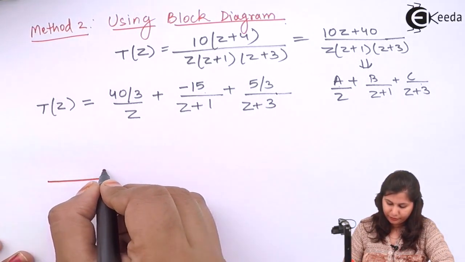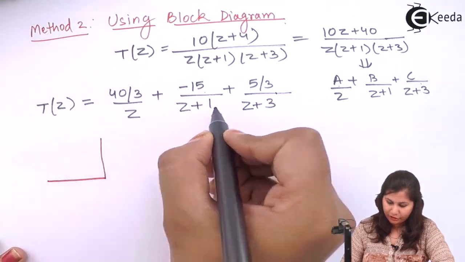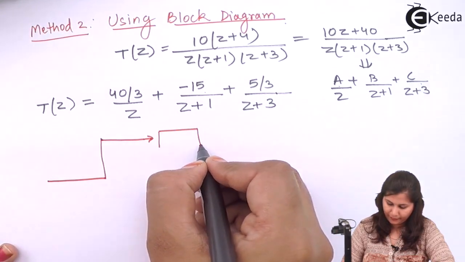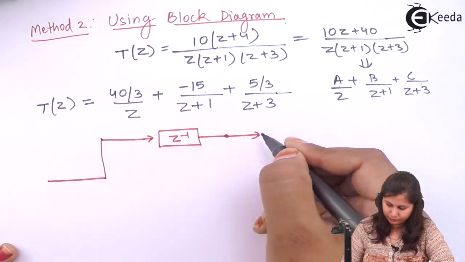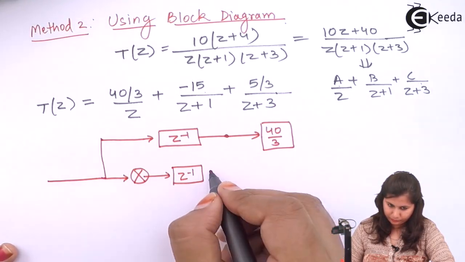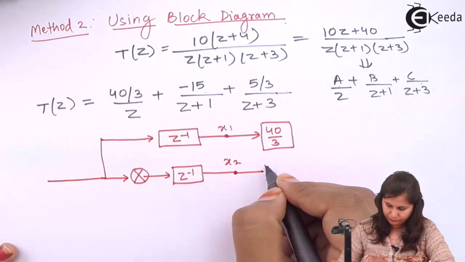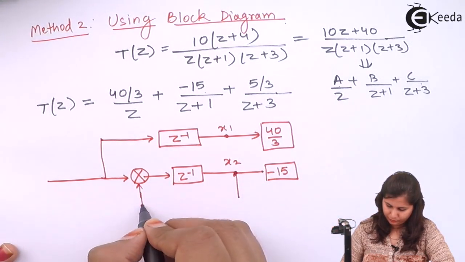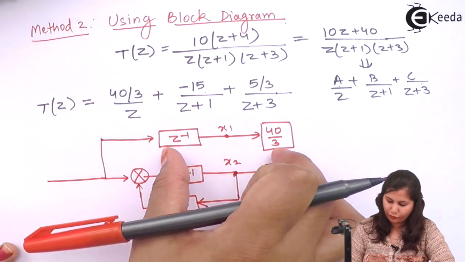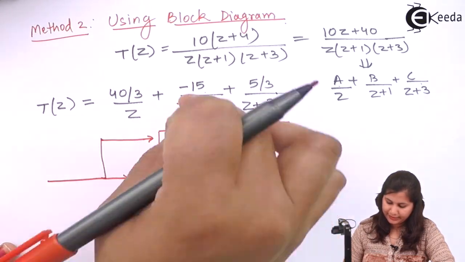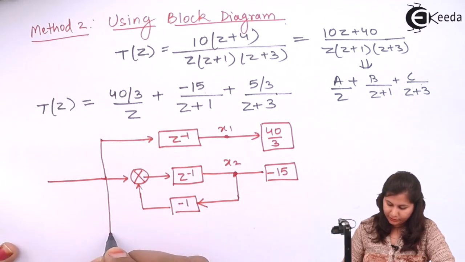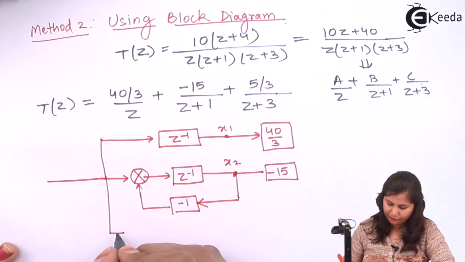So this is our input. Because here we have 3 partial fractions, there will be 3 delays. This first block is for 40 by 3, the second part of the block diagram is for the second partial fraction, and the third part is for the third partial fraction.